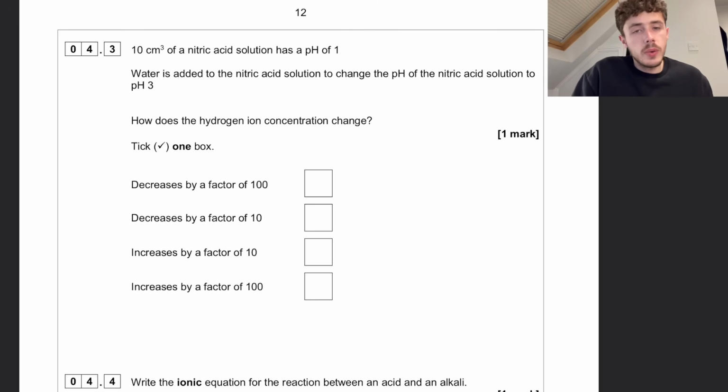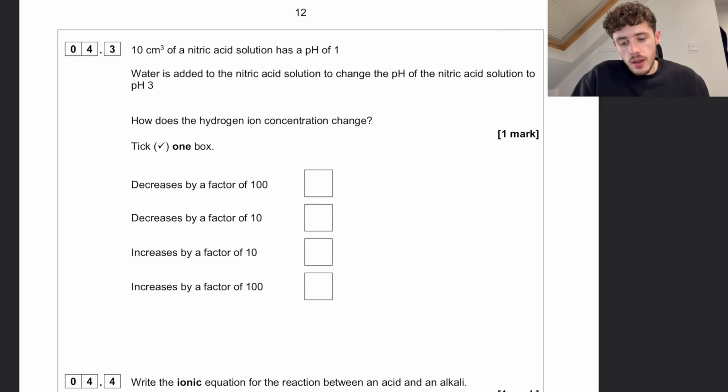4.3. 10 cubic centimeters of nitric acid solution has a pH of 1. Water is added to the nitric acid solution to change the pH to 3. How does the hydrogen ion concentration change? Now, the way the pH scale works is it works on a base 10.